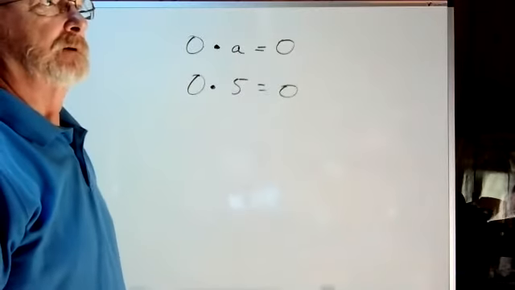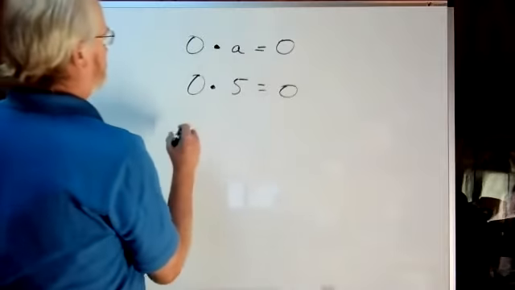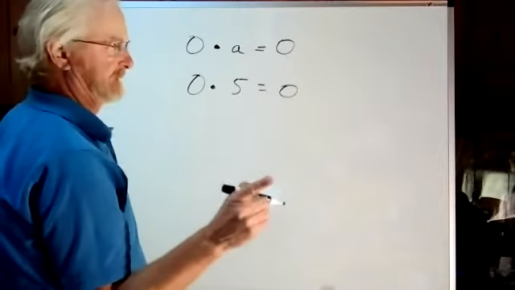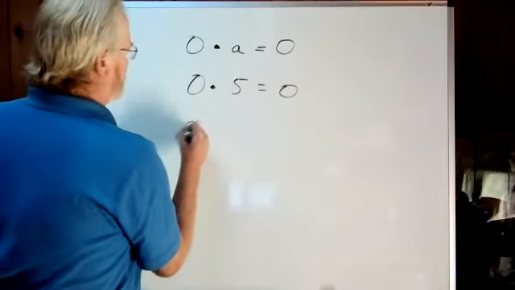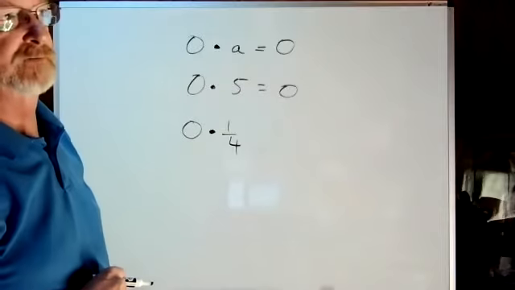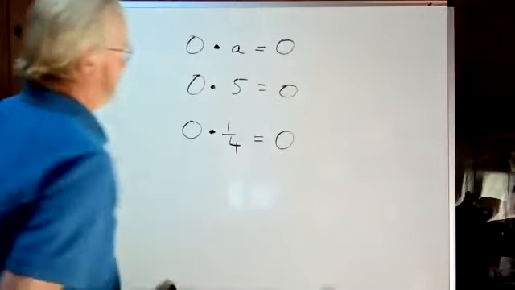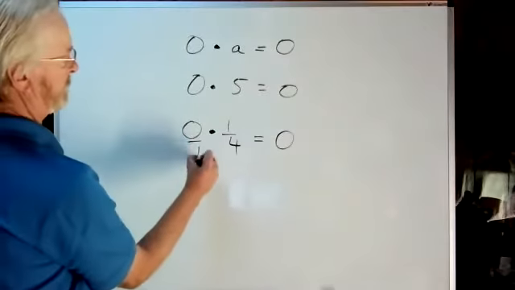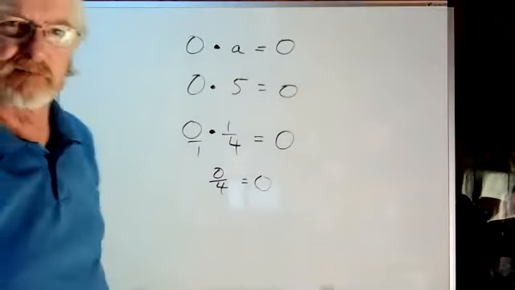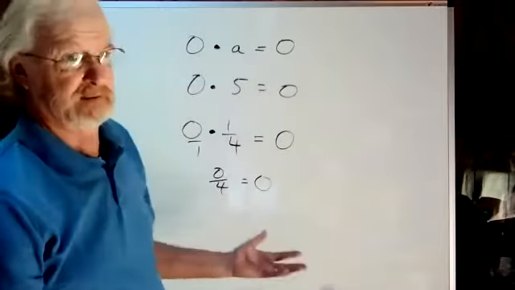Now, dividing. 0 times 1/4 still equals 0. If I think of that as 0 over 1, that turns into 0/4. Now that's a division problem, right? It's 0 divided by 4. 0 divided by anything is still 0.